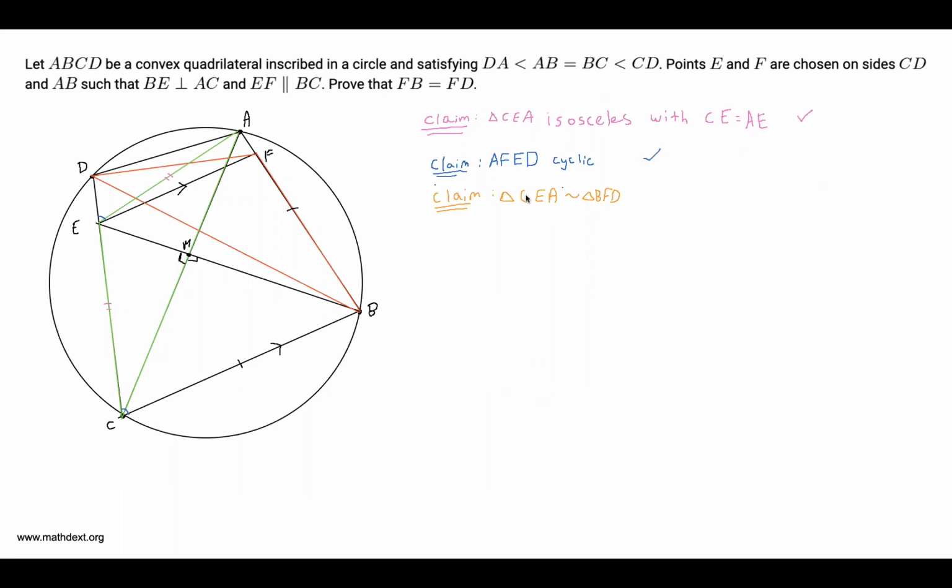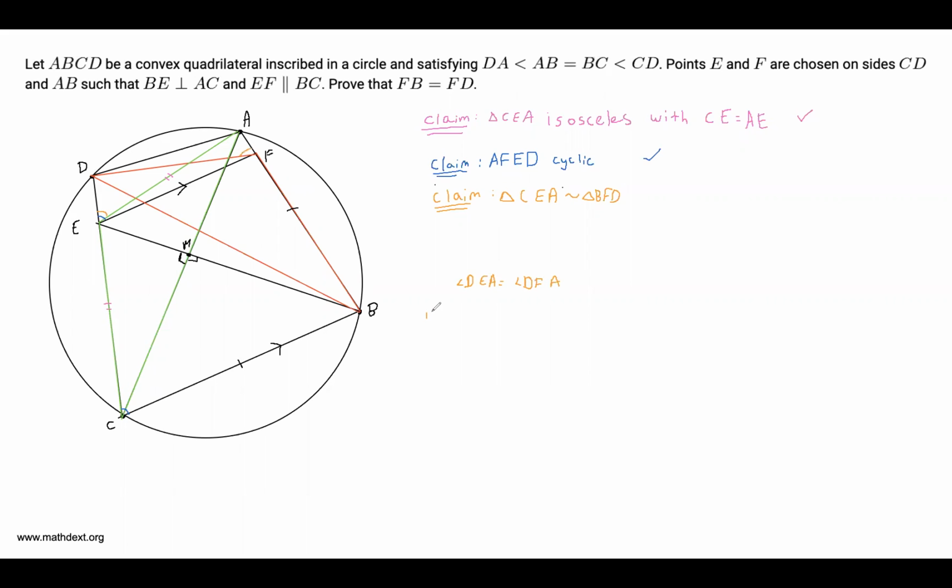That should be pretty easy as well. The reason is because we have angle DEA equal to angle DFA from this quadrilateral we have just proved is cyclic, right? So angle DEA is equal to angle DFA because they both subtend this arc AD of this cyclic quadrilateral. So the supplement of this angle is equal to the supplement of this angle.